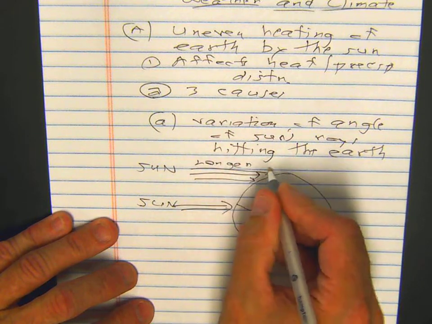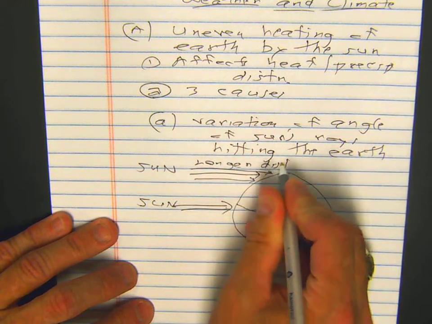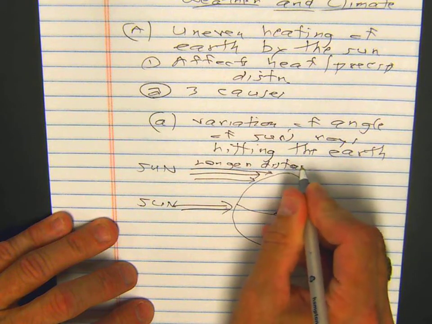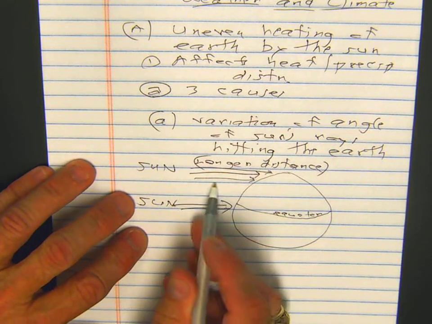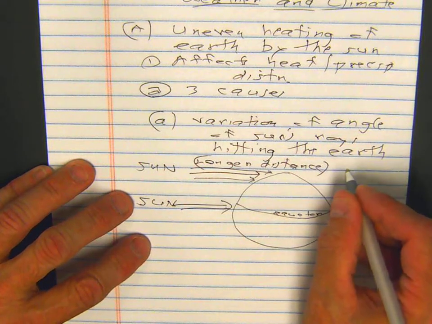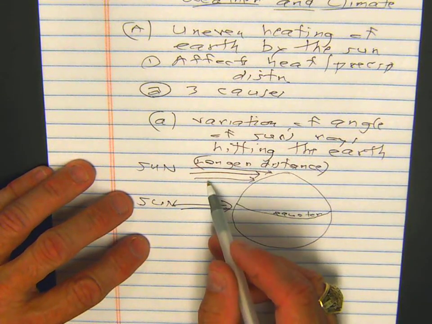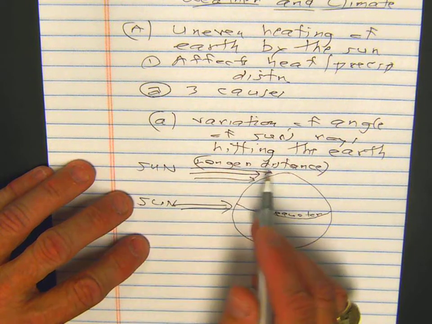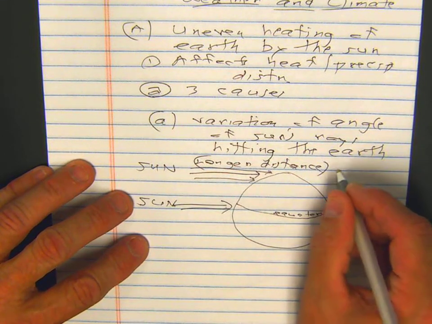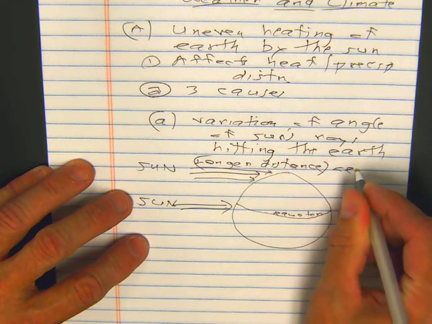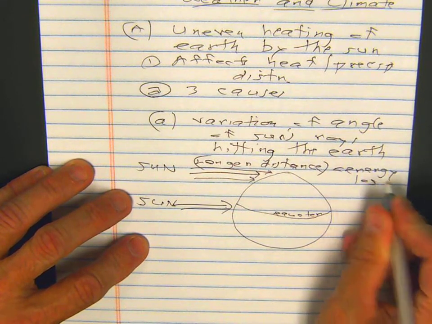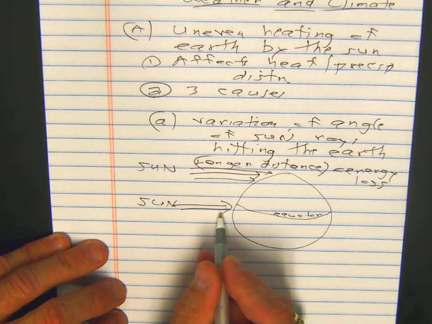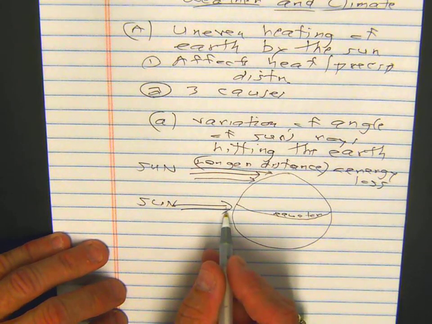All right, longer distance that the sun's rays travel. You can see the much longer distance, which means that there is energy lost as it travels through more atmosphere. So I'll just say equals energy loss. So this is a shorter distance, much more intense here.